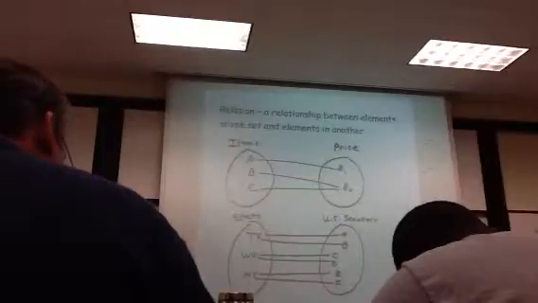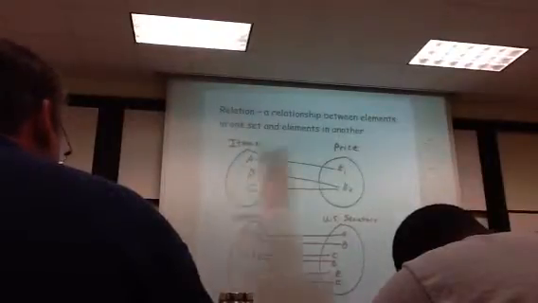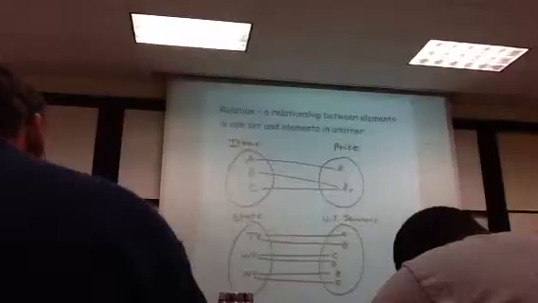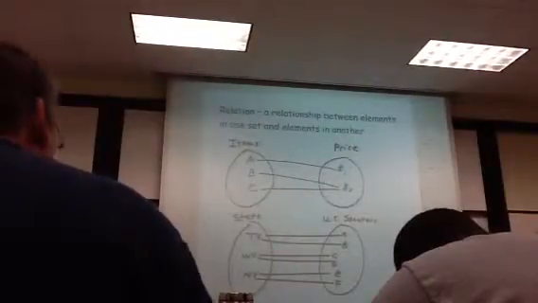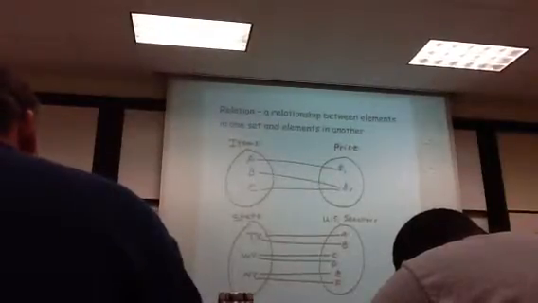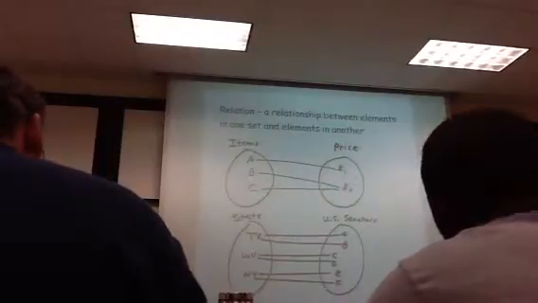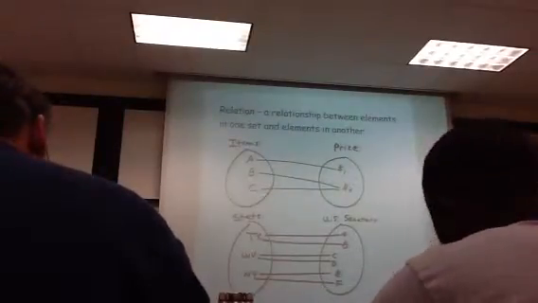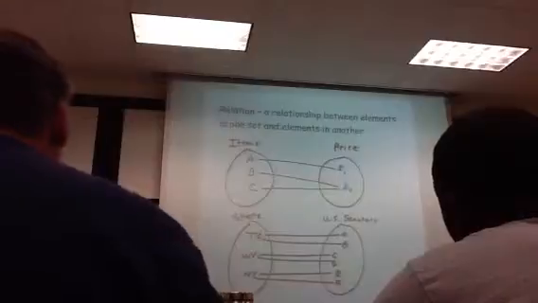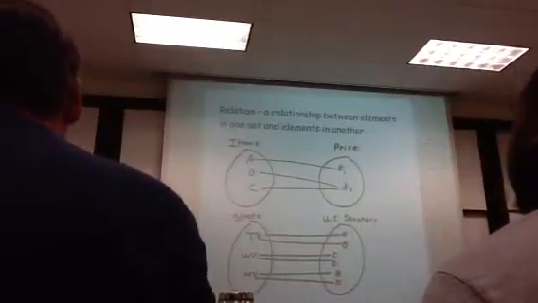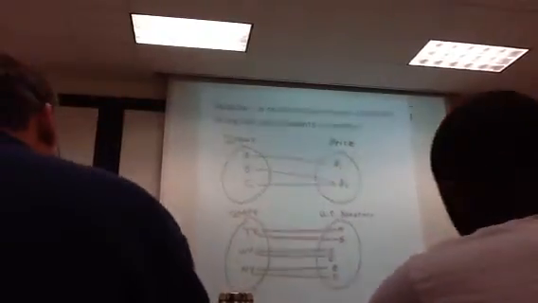And as soon as you start picturing this and talking about the first set and the second set, we can get more specific by naming those first and second sets. The first set is called the, anybody got a notion? First set's the domain. Thank you very much. This is the domain.